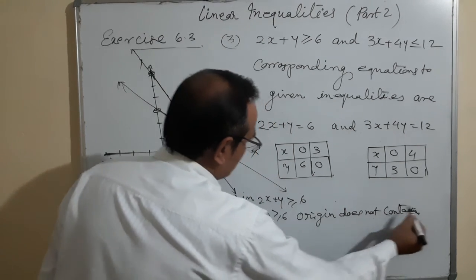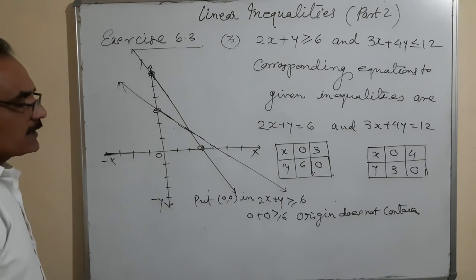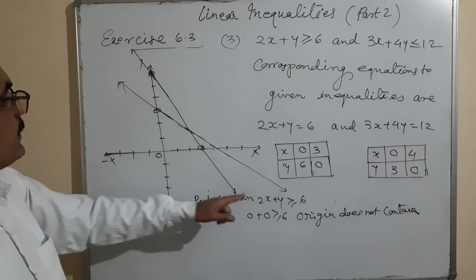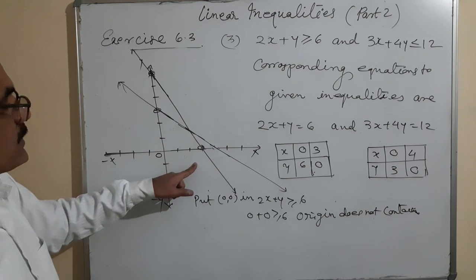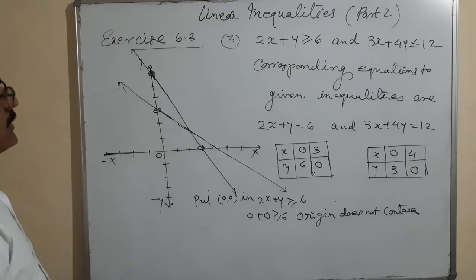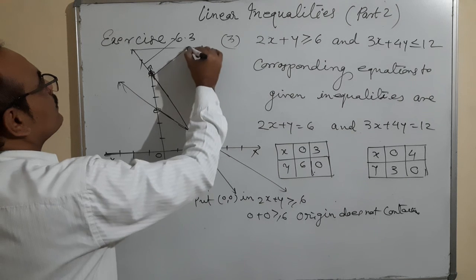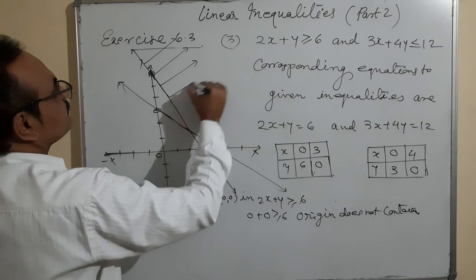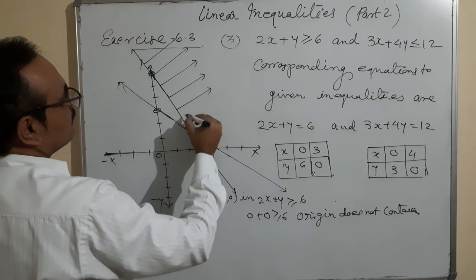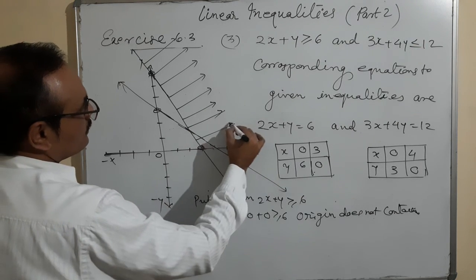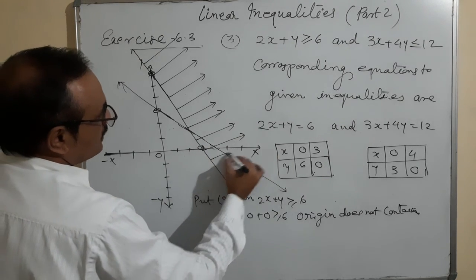Origin does not contain, so this first line, origin does not contain. That means away from it, and they are greater or equal. So what does it mean? It's a dark line.